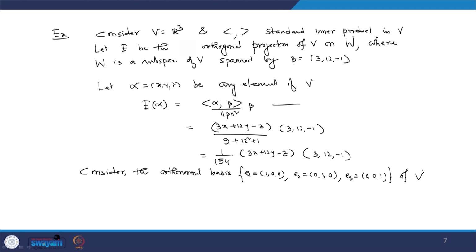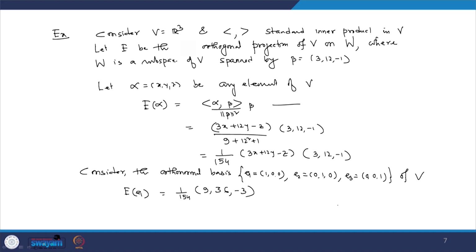Let me consider this standard orthonormal ordered basis. Then E of E1 will be equal to 1 over 154, with x replaced by 1 and y and z equal to 0. So, this will be (9, 36, -3).